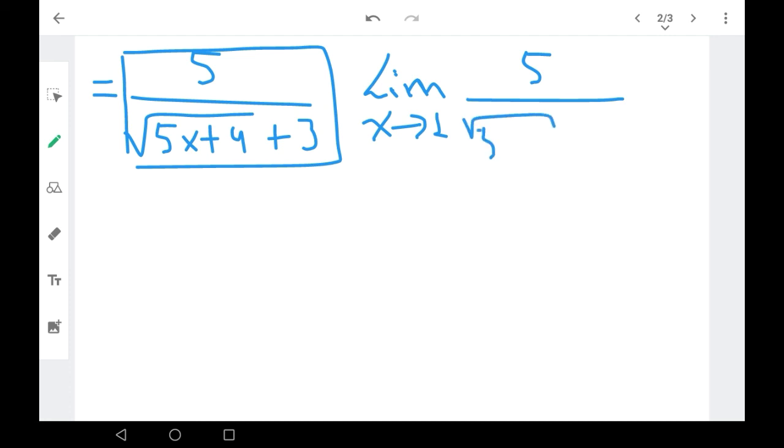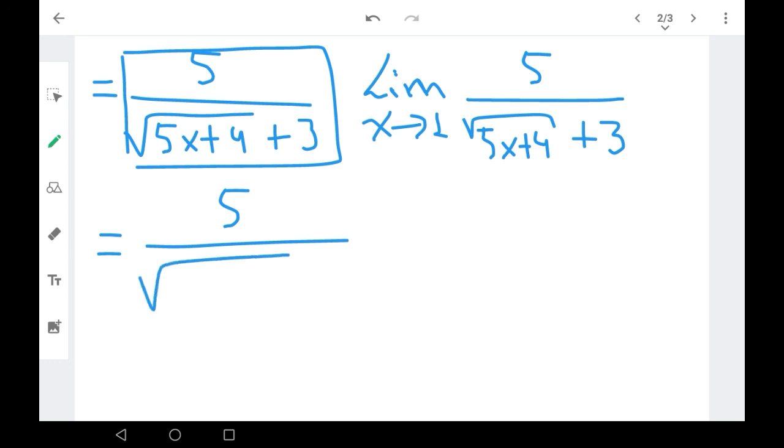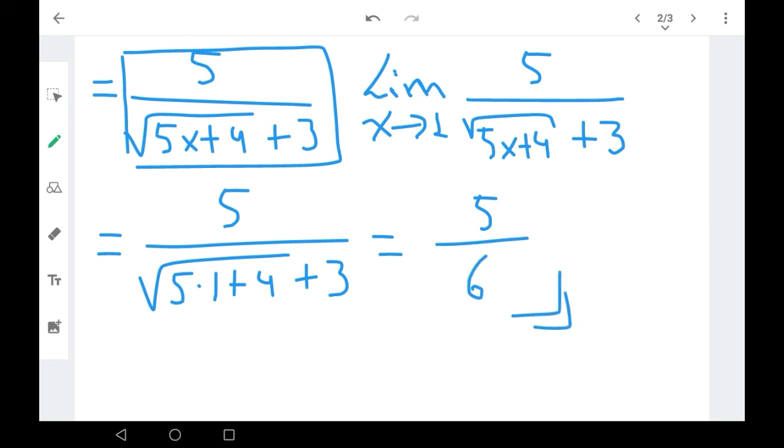And here I have to try what? The substitution, right? So here I can say by substitution I will have 5 divided by the square root of 5 times 1 plus 4, plus 3. So at the end this is 5 divided by 6. So that's the answer of this limit, guys.